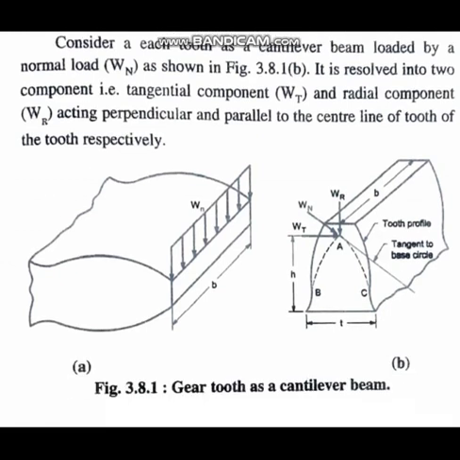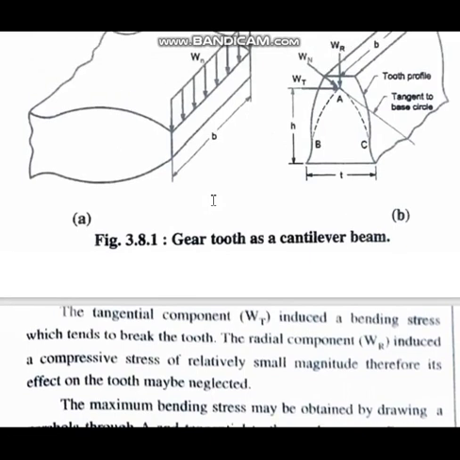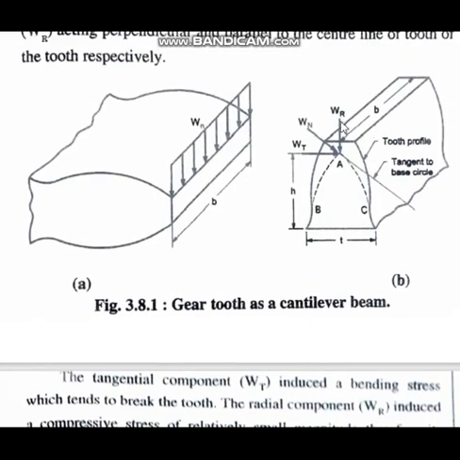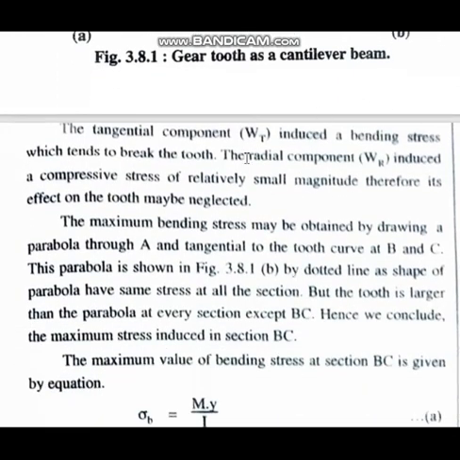Now those two components Wt and Wr: the tangential component Wt induces a bending stress. One is going radially, the other is going tangentially. This tangential load is responsible for the bending, and what is the result?